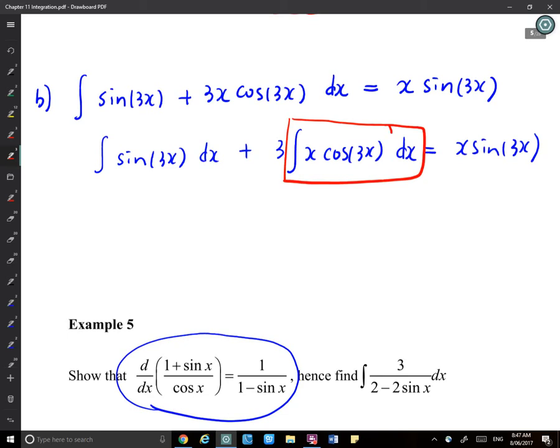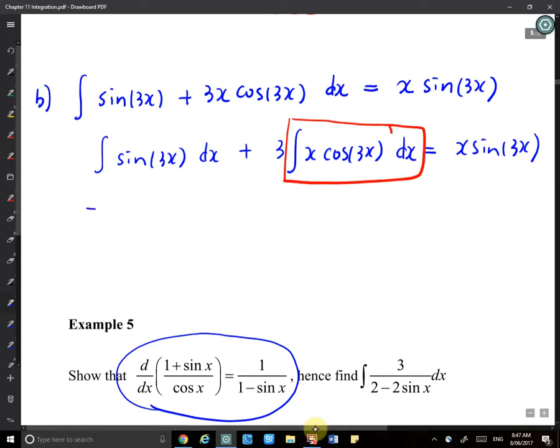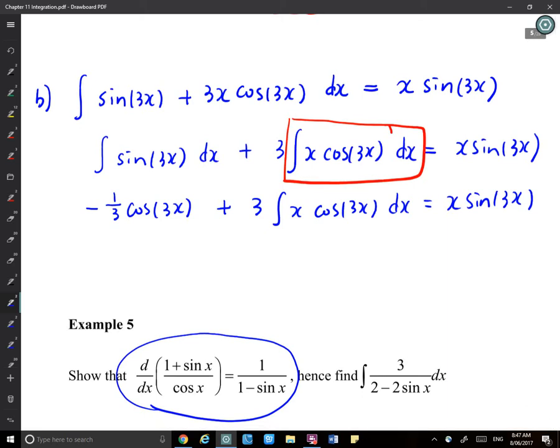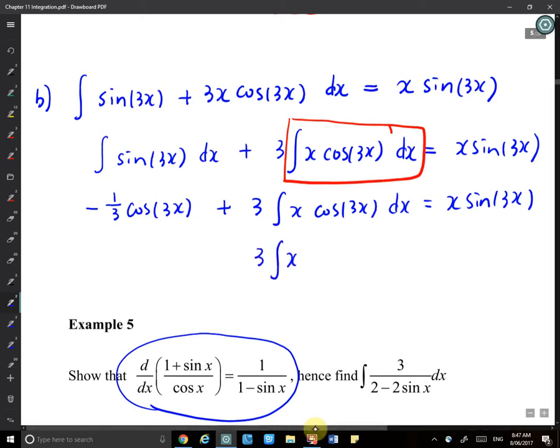Minus 1/3, okay? Sine will go to minus cos when you anti-derive. So minus 1/3 cos 3x. You plus the 3 times the integral of that dx, and you still have that. You only want to leave the red box on the left hand side because that's your variable. That's what you want to make the subject. Then you move all the other things to the right.